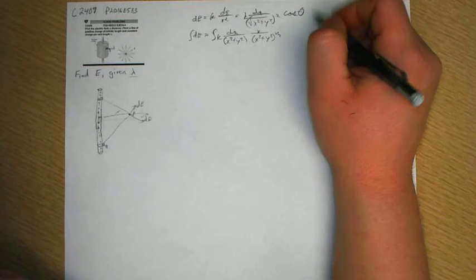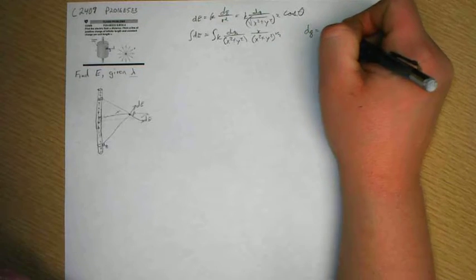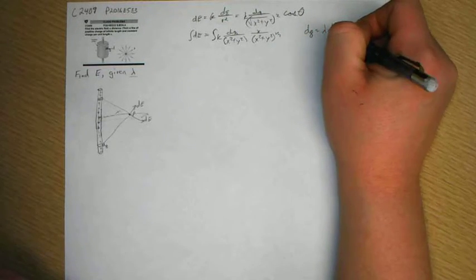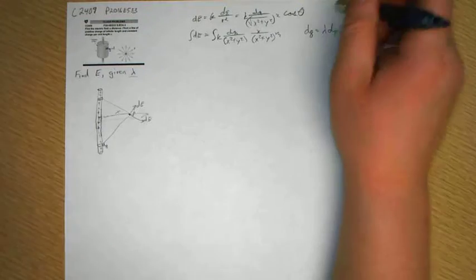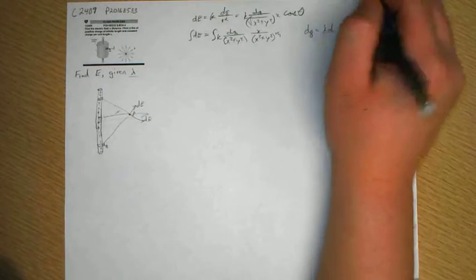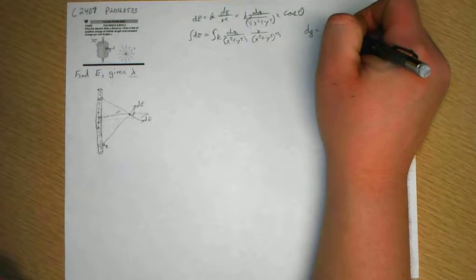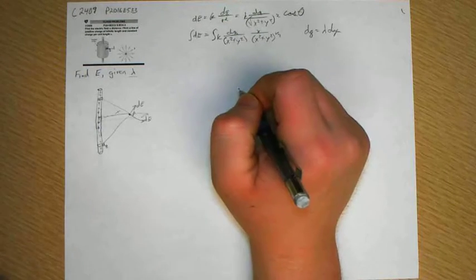Then we have to start talking about what is dq. Well, that is lambda dx. I'm sorry, it'd actually be lambda dy because we're integrating along the y direction. So we would have to put that in there.